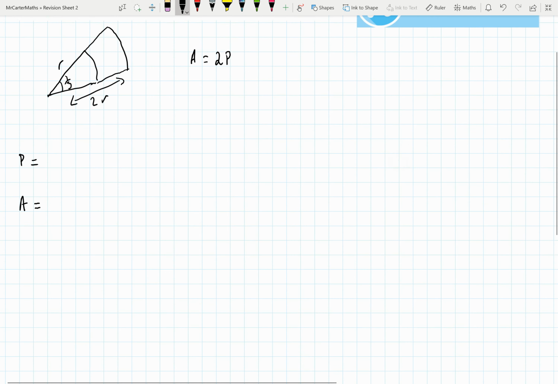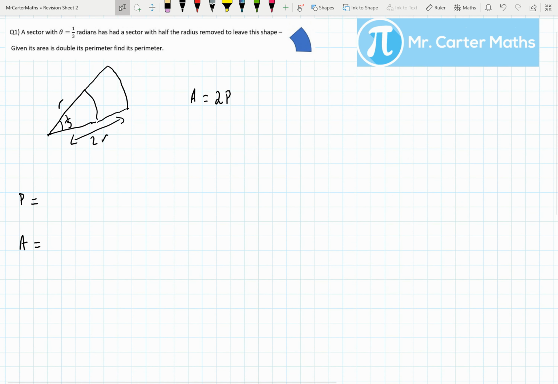I'm going to need my arc length, which is equal to theta times r, and our area, which is equal to theta over 2 r squared. I'm just going to apply those formulas, first for the perimeter and then for the area.